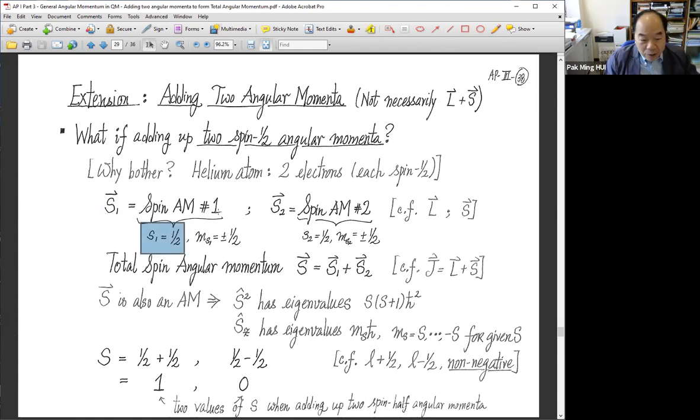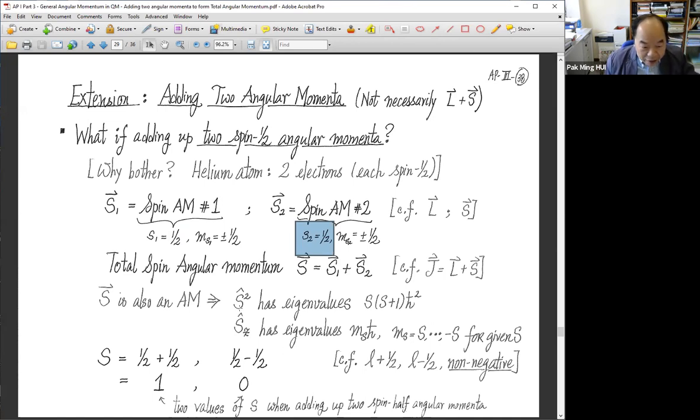So we have half for electron 1, for example, spin number 1, and another one also half. We follow the rule: L plus half now becomes half plus half, so it's 1. L minus half now becomes half minus half, which is 0. It's still okay, it's not negative.